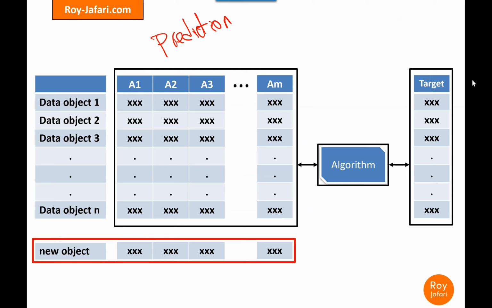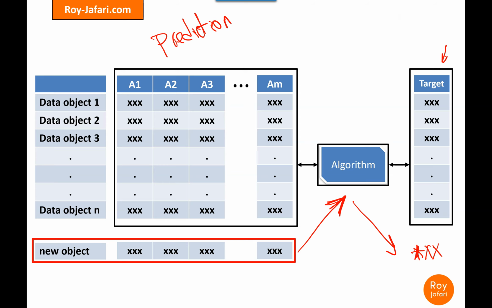In the case of prediction, we would go about finding those patterns that connect the independent attributes to the dependent attribute, and then we would use those patterns that we find for a new object to come to a prediction for the new object. So that was prediction. Again, pay attention to what changes here.